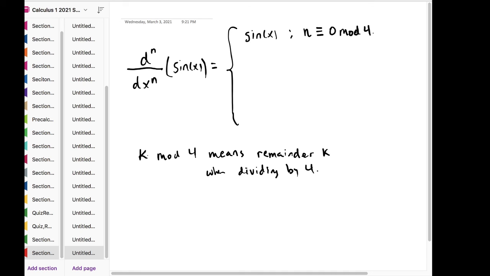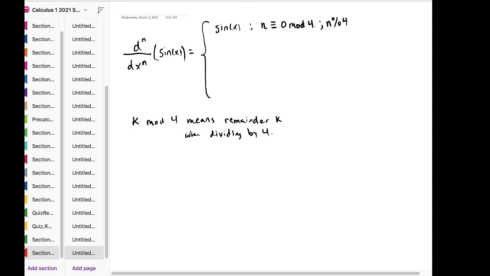Someone in the last class said that an alternative notation is with the percent sign. I haven't heard of that, but like if n percent 4 is equal to 0, whatever that means.